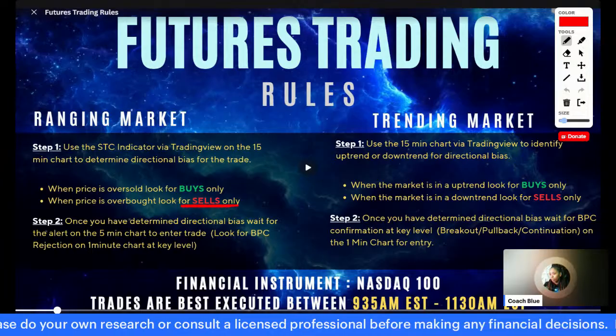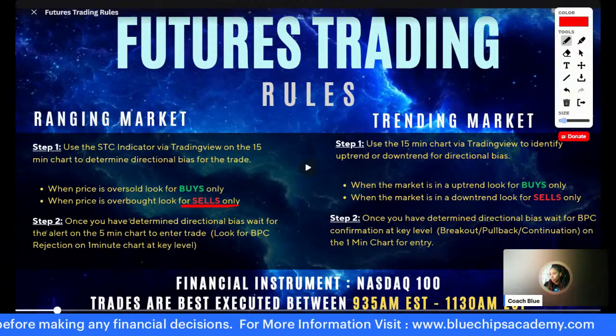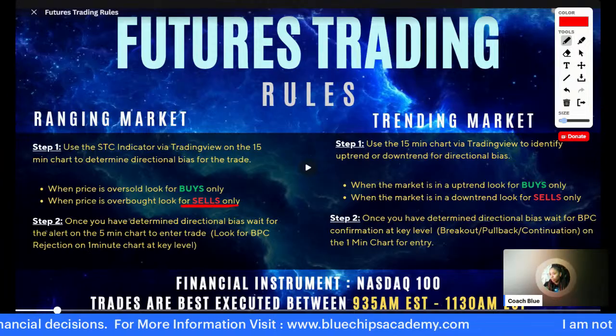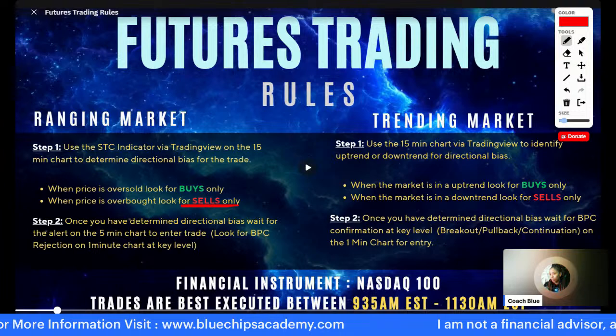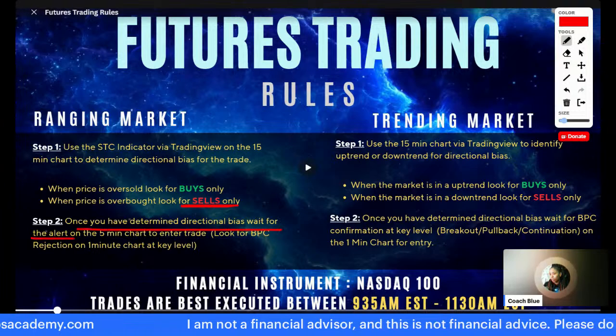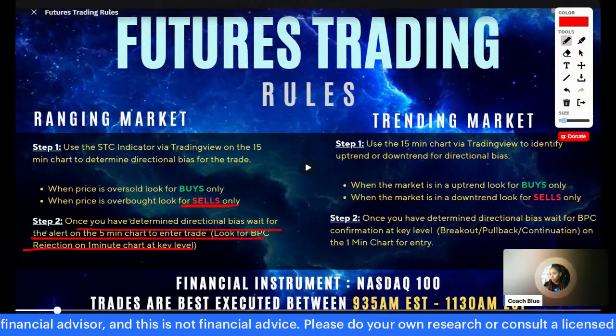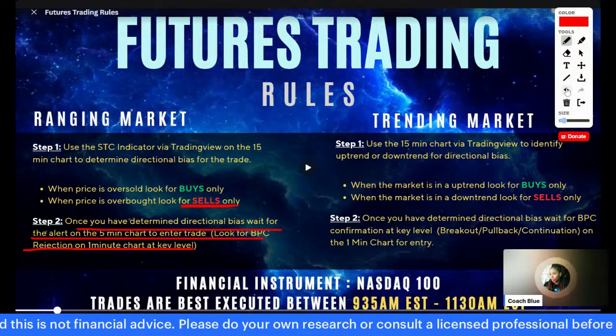We'll determine what type of condition we're in a minute. Once you've determined that, we look for what we call a BPC, and I'm going to go into that in a minute. We're going to look for that BPC on the 1 minute chart. All right, so that's the range.